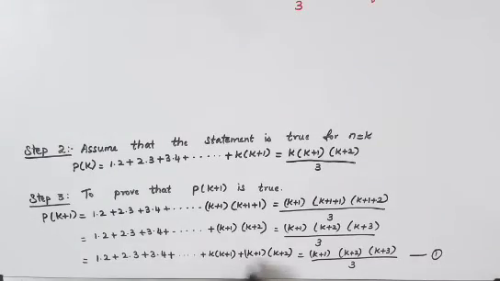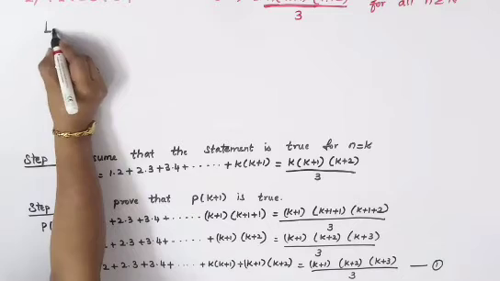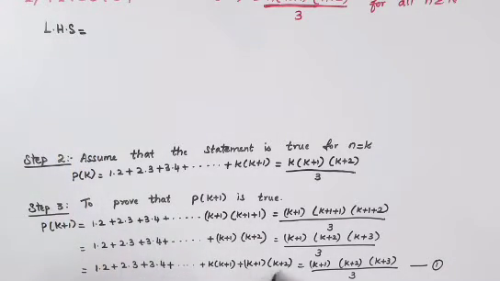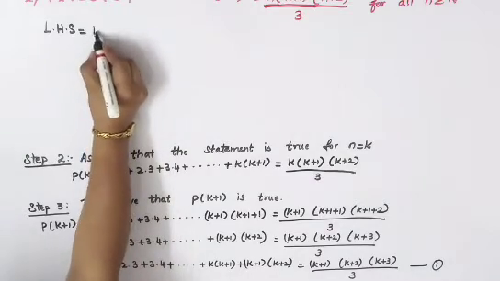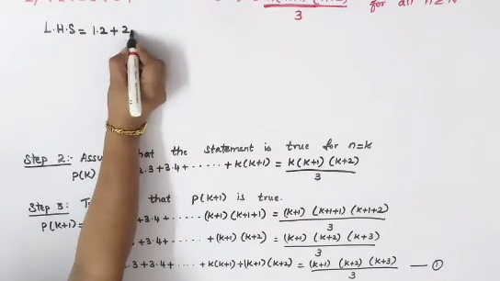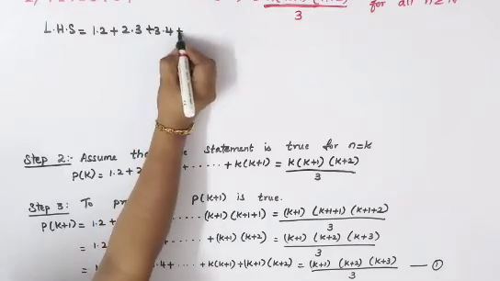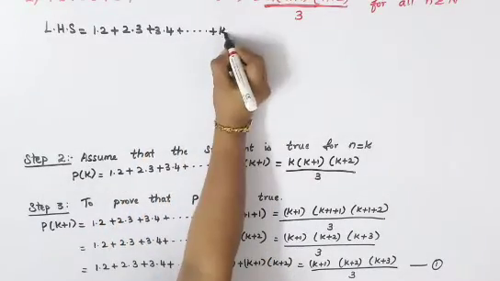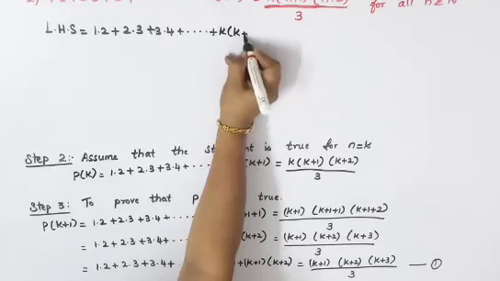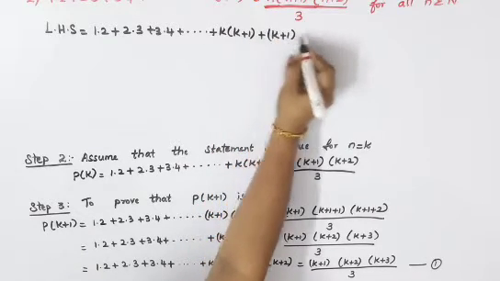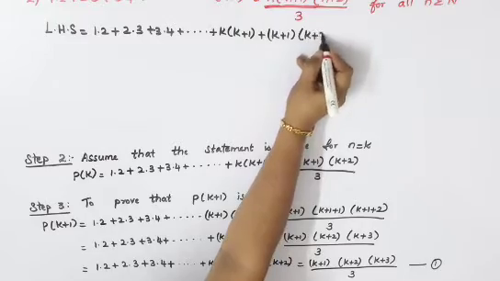Now write your LHS. This whole thing you'll have to write as LHS. So it is 1 into 2 plus 2 into 3 plus 3 into 4 plus etc. plus k into k plus 1 plus k plus 1 into k plus 2. So this is your LHS.